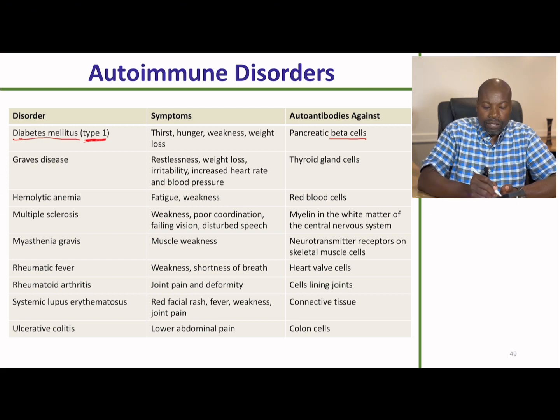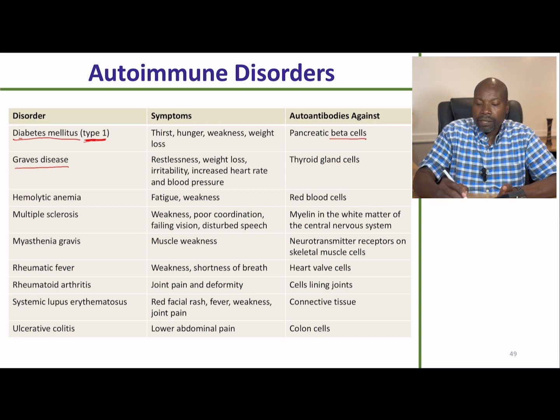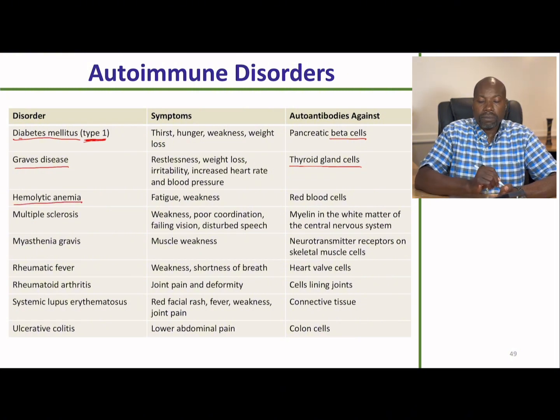We have Graves' disease that is caused by a thyroid gland cell that is defective. We have hemolytic anemia. In the case of hemolytic anemia, the rhesus factor is the target of antibodies, which is causing cells to die.